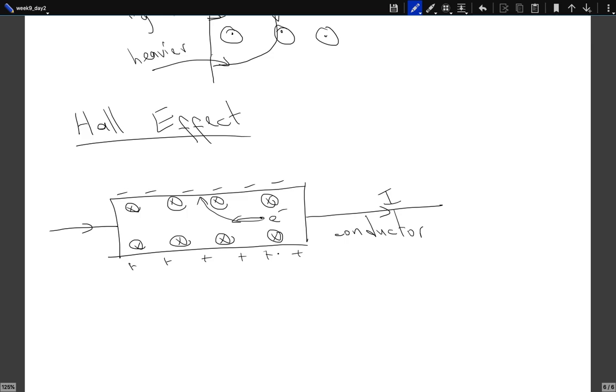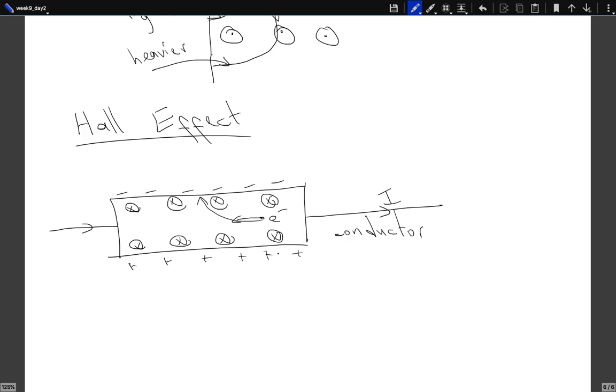The electric field will be pointing from the plus to the minus side. Well, what will be the direction of the electric force acting on this electron? It will be downward. You see, if you start the current, then as the electrons are moving in this direction, if there are no surface charges over here, they will bend up.